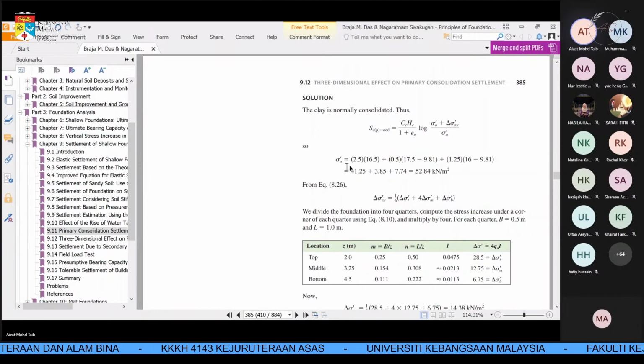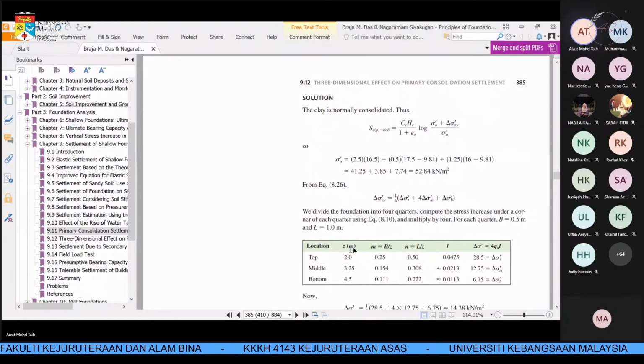Here they are just calculating your sigma prime naught from equation 8.26. You have to consider your top, middle and bottom. We divide the foundation into 4 quarters, compute the stress under a corner of each quarter using equation 8.10, and multiply by 4 for each quarter.